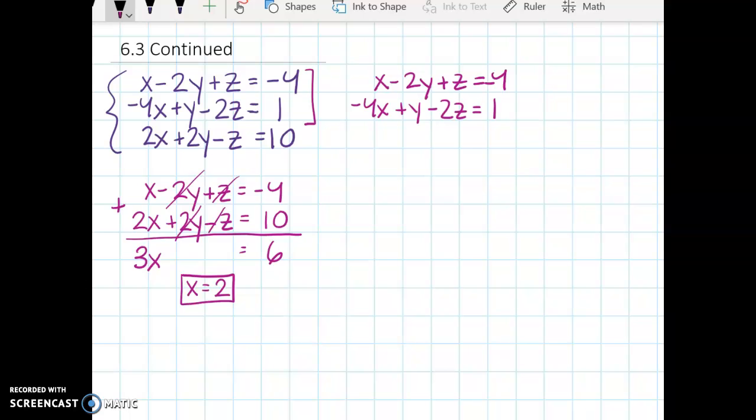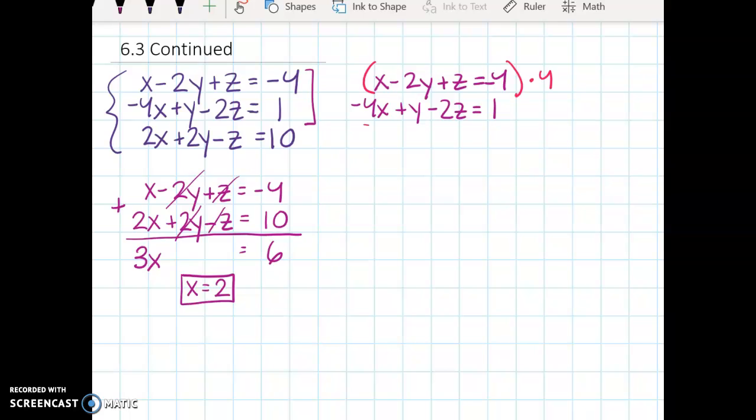I need my coefficients to match. For x's I have a 1 and a -4, y's I have a -2 and a 1, z's I have a 1 and a -2. Let's cancel out our x's, so let's multiply the top by 4.